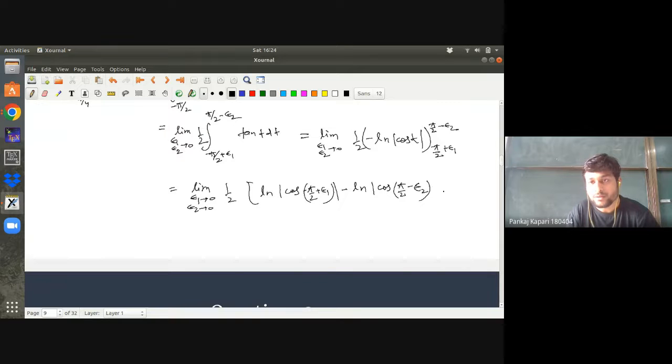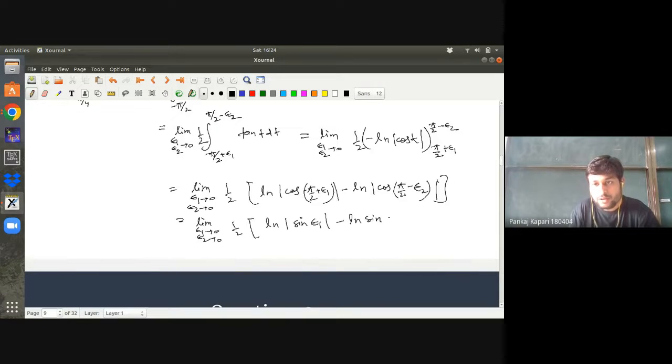This is the limit. Now we can use well-known trigonometric identities. This will become log of sine epsilon 1 minus log of sine epsilon 2, right?